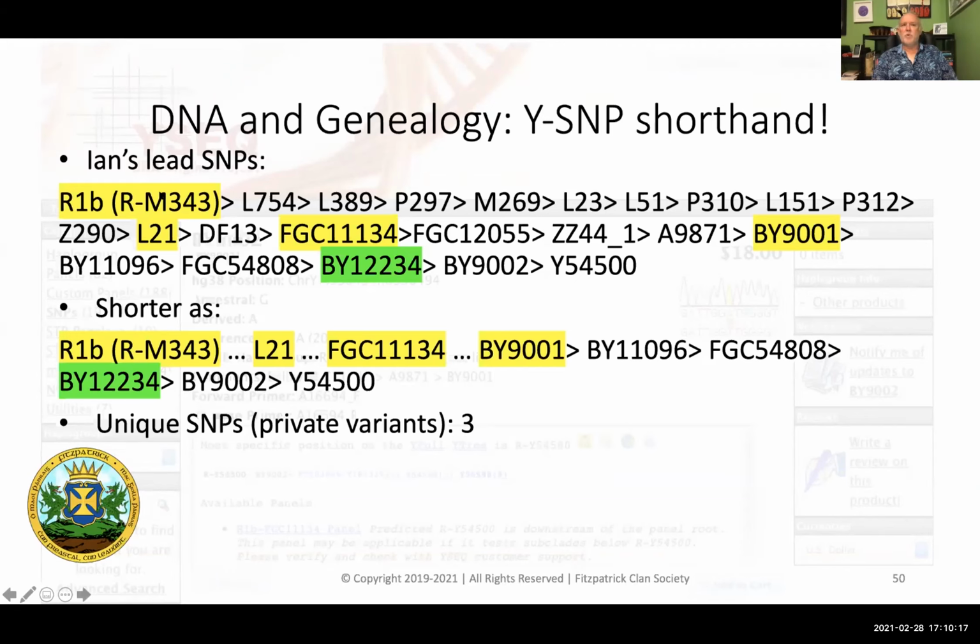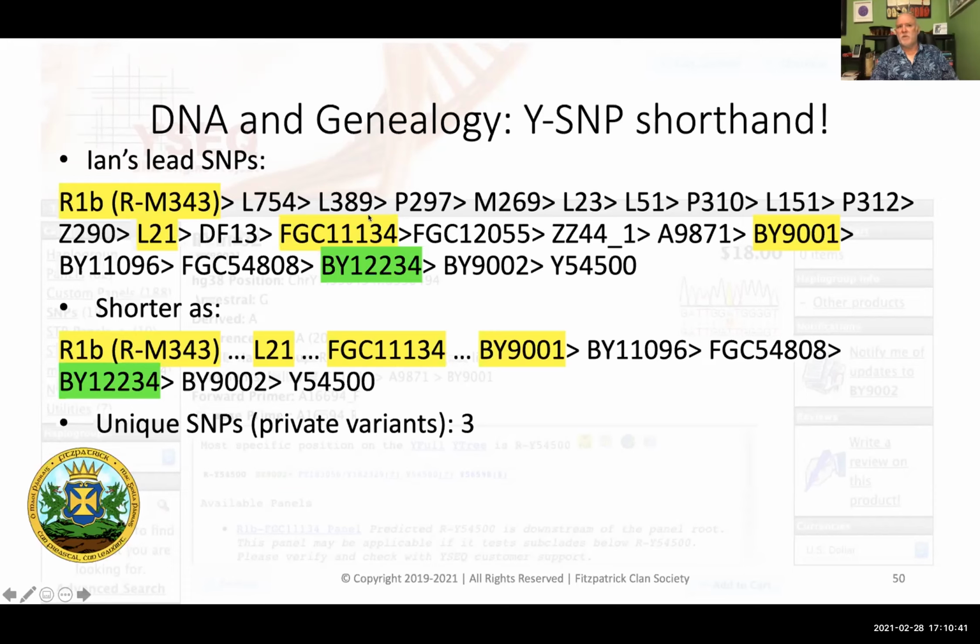He's part of a group we refer to as R1b. He comes down through a whole bunch of generations to a man, L21, who was the father of a man called DF13, who in turn was the father of a man called FGC 11134. Now, these three in a row are very key to Celtic and Irish history.